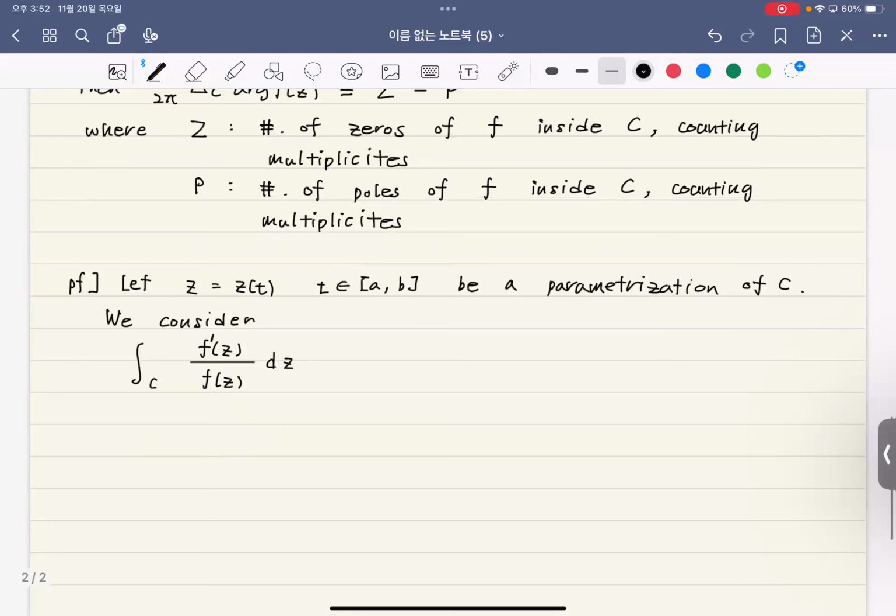Okay, so let me check this out. Now we have chosen the parameterization. So f prime of z(t) over f of z(t), times z prime t, and dt. Okay.